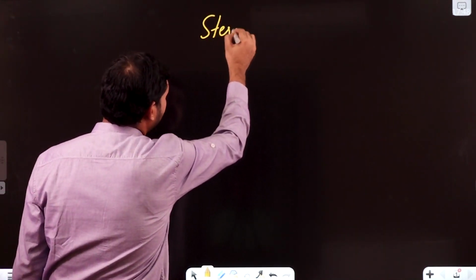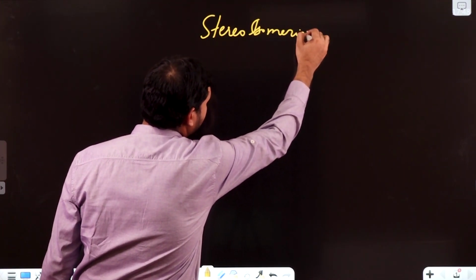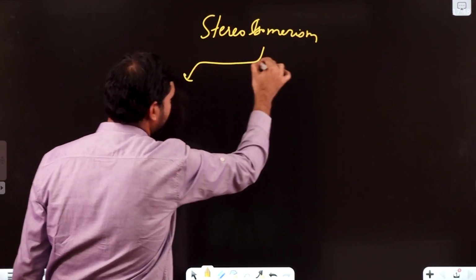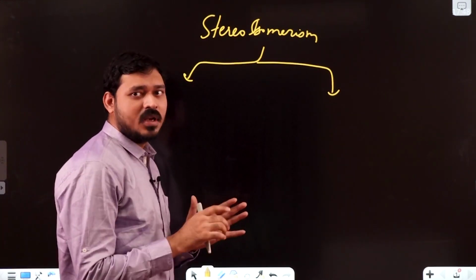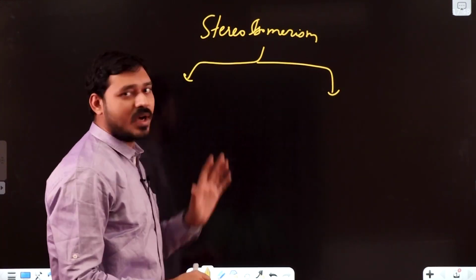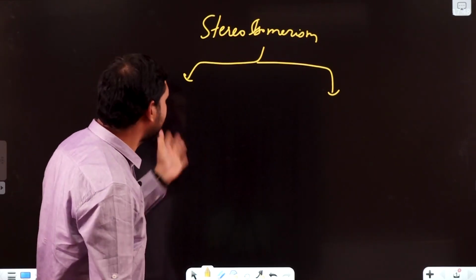See, isomerism was of two types, constitutional (structural) isomerism and stereoisomerism, right?